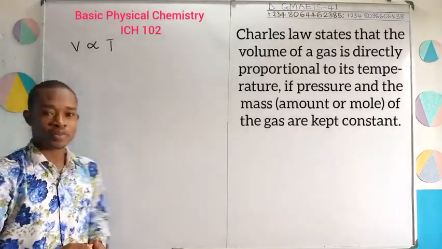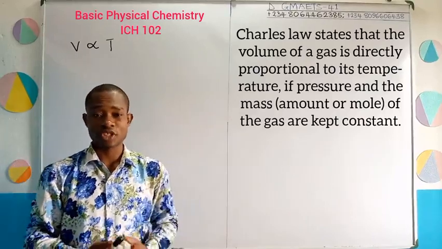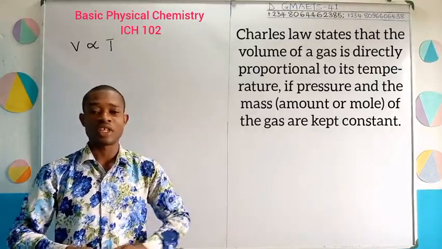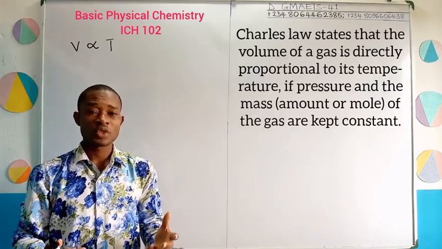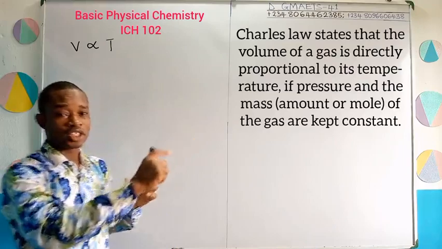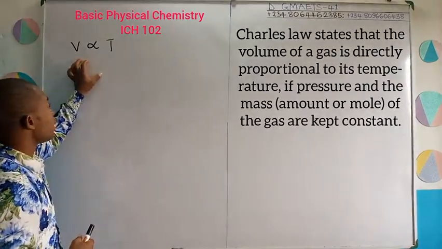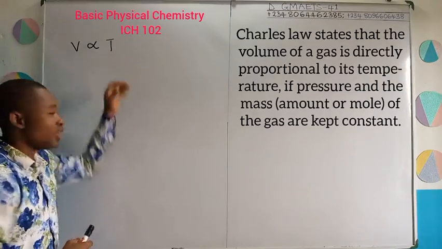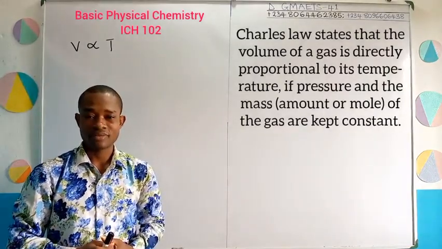This is direct proportion. Remember, under Boyle's law, for inverse proportion, it will be 1 over the other quantity. So for direct proportion, it will simply be a straight relationship, nothing like 1 over. So V is our volume of the ideal gas and T is the temperature of the ideal gas.